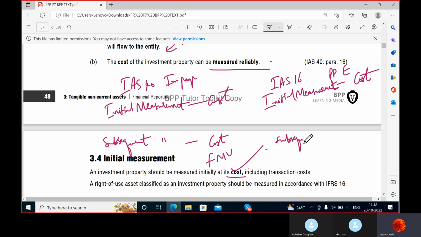Subsequent measurement either at cost or revaluation model or revalued amount.